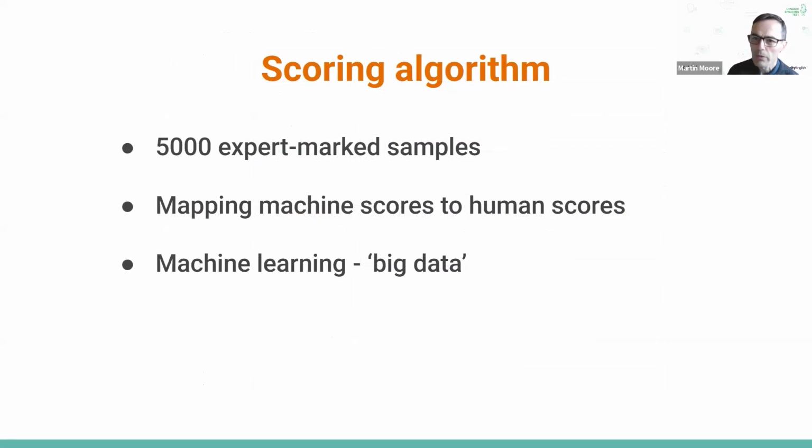And this is one of the big advantages of AI, that we have fed into this system 5,000 sample responses, and these responses have been marked initially by 2 or 3 expert trained markers. So that gives us a benchmark. So we know that the scores that have been assigned to those 5,000 samples are accurate and reliable.